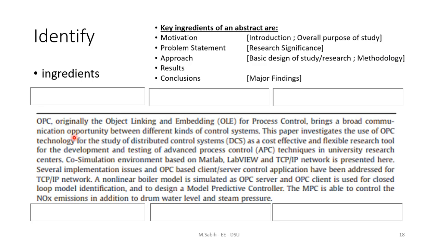So here is the paper, and we will identify these sections in this paper. So the OPC originally, let's study this OPC. This was there originally, the object linking and embedding, OLE, for process control, brings a broad communication opportunity between different kinds of control systems.